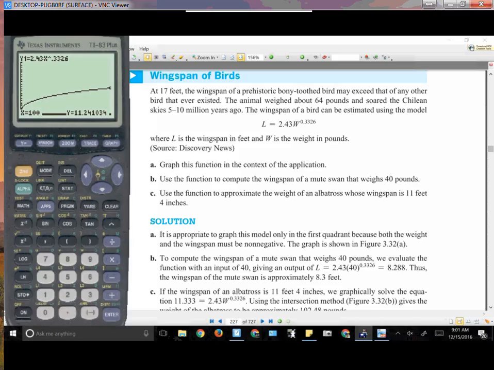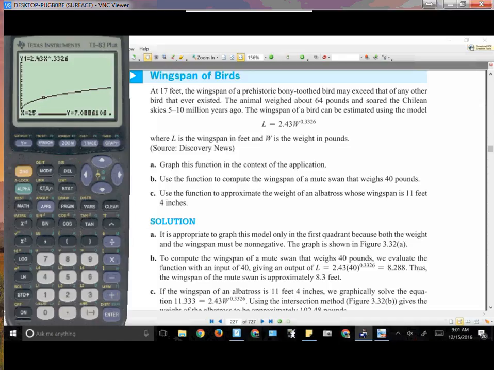Do you actually think that this model works well for all birds? What about a turkey? You get that good old 20-pound turkey that's dressed and ready to go, so probably weighed a little bit more. So if you got a 25-pound turkey, let's see, it should have a wingspan of 7 feet.